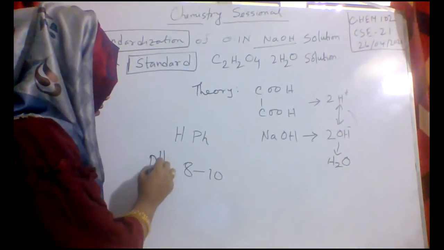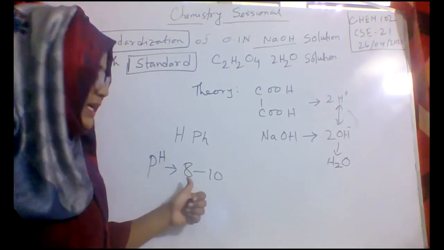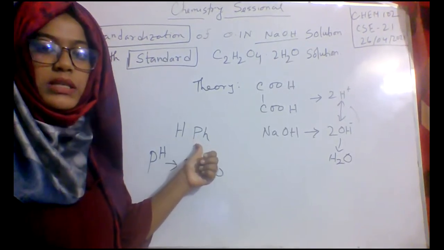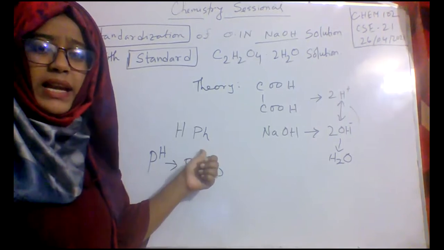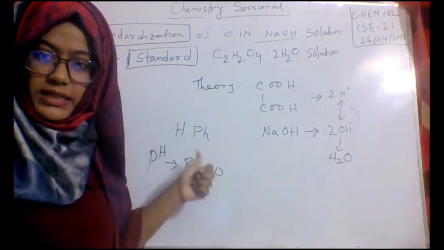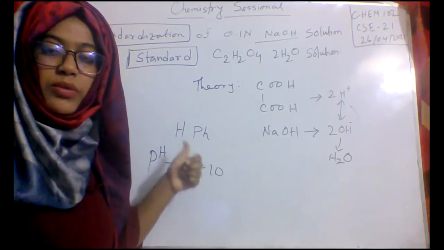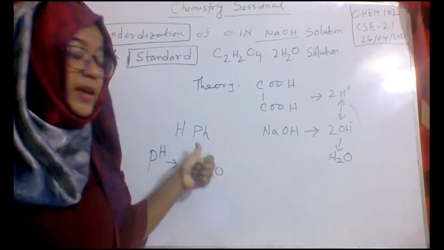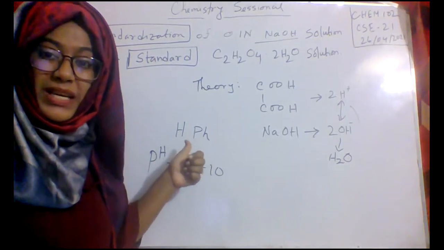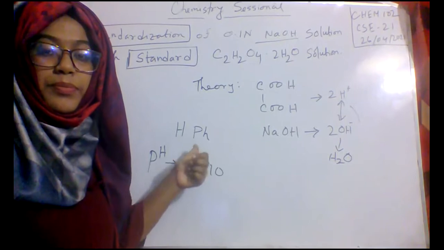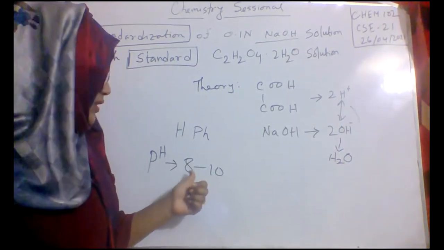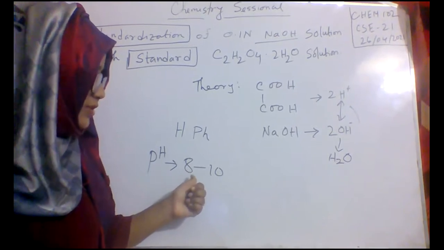Whenever the pH is 8 to 10, the indicator dissociates completely and can show its color, because phenolphthalein is colorless in acidic media. Acidic media means when pH is less than 7, but it is colorful, that means pink, in a basic pH which is greater than 7, that means from 8 to 10.